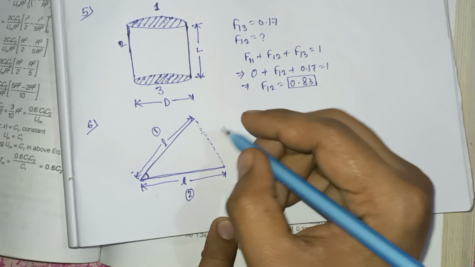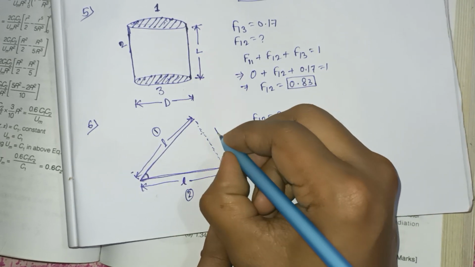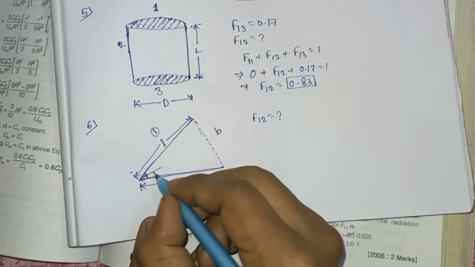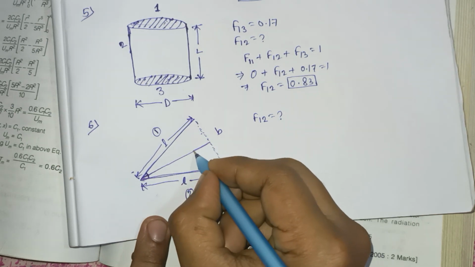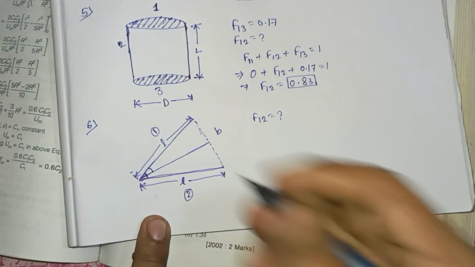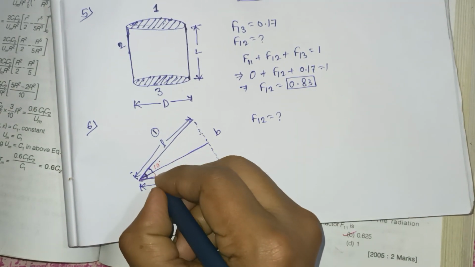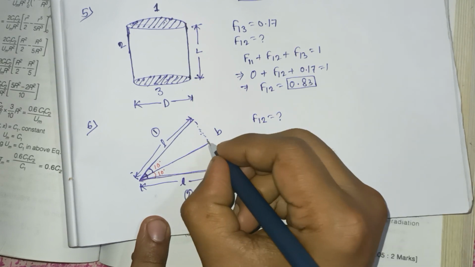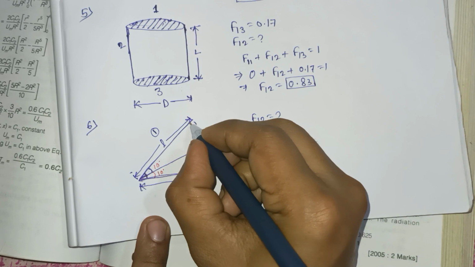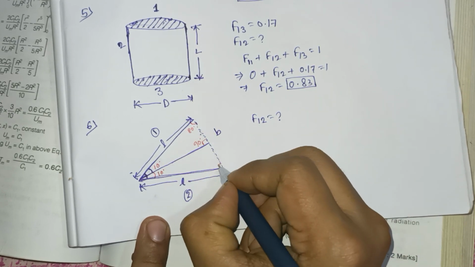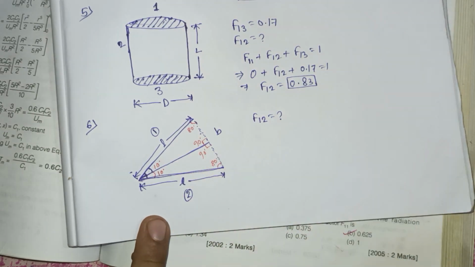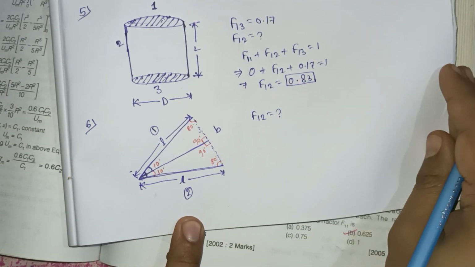Suppose the length between these two points is equal to B. Here this angle is a total of 20 degrees, so this is 10 degrees and this is also 10 degrees, and this is 90 degrees, and this is 80 degrees, this is 80 degrees, and this is 90 degrees.